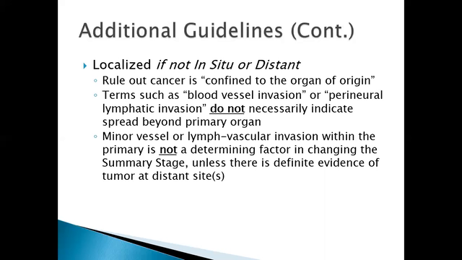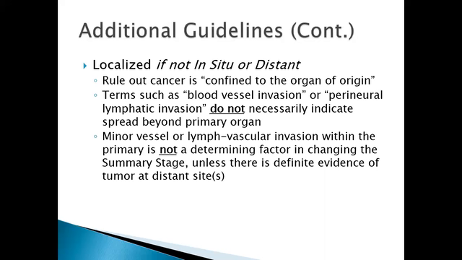Terms such as blood vessel invasion or perineural lymphatic invasion do not necessarily indicate that the cancer has spread beyond the primary organ, okay? If the tumor at the primary site has invaded the lymph or blood vessels, there is the potential for malignant cells to be transported throughout the body, but until that is proven, just that invasion within the organ itself is not anything beyond localized.